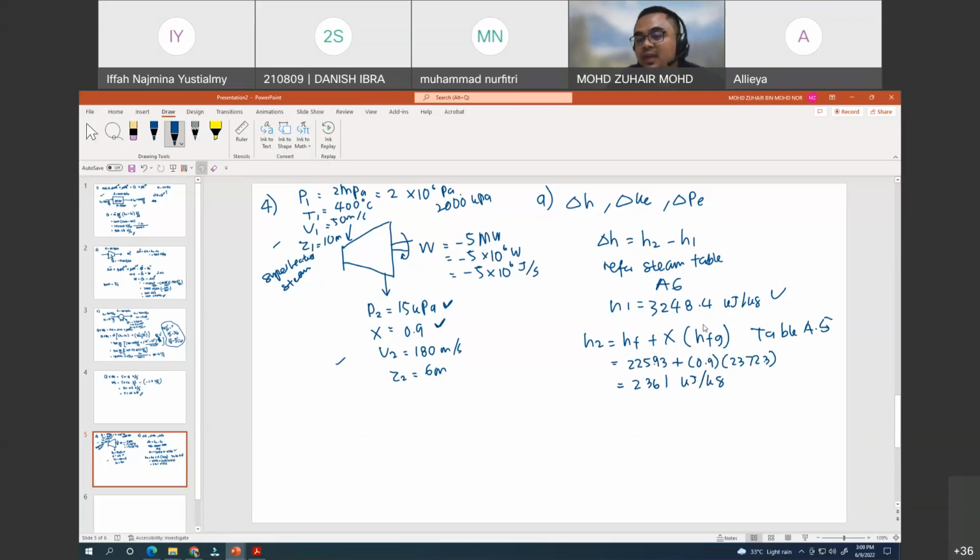So we have H1, we have H2, so we can calculate the delta H. Delta H is equal to 2361 minus 3248.4. So we are going to get negative 887.4 kilojoule per kg. Why negative?